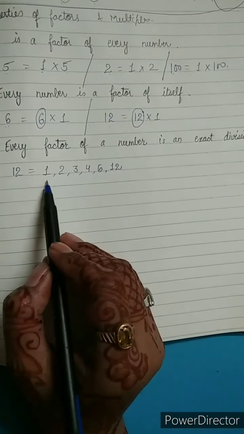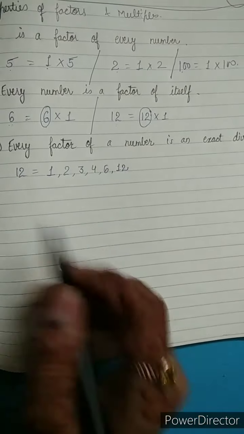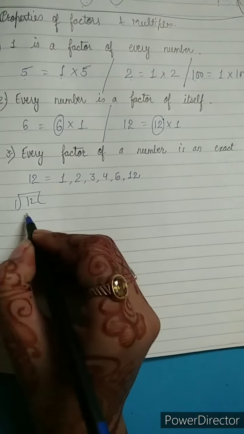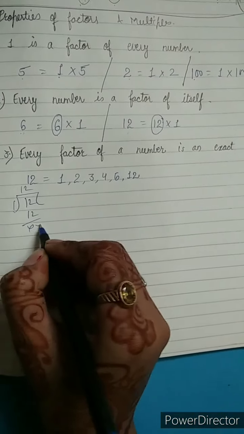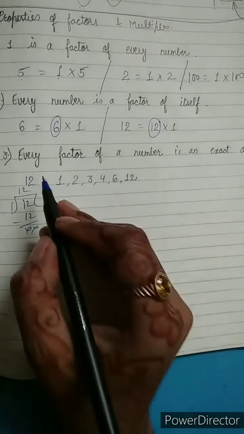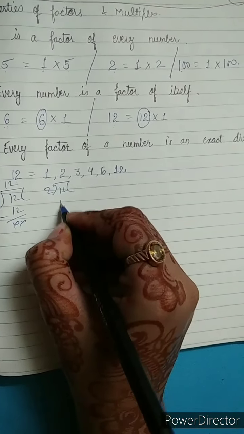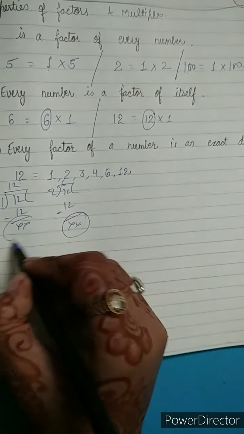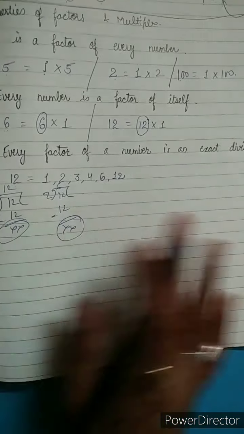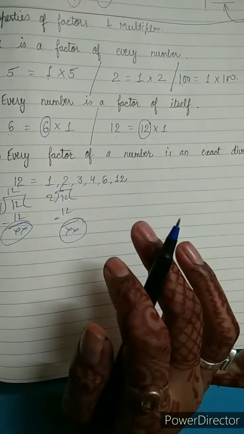Now if you divide 12 by 1, it will divide completely, because in the table of 1, 12 comes 12 times. Again, if I divide 12 by 2, it will divide 6 times. It means in the remainder we don't have anything, there is no remainder in the division.